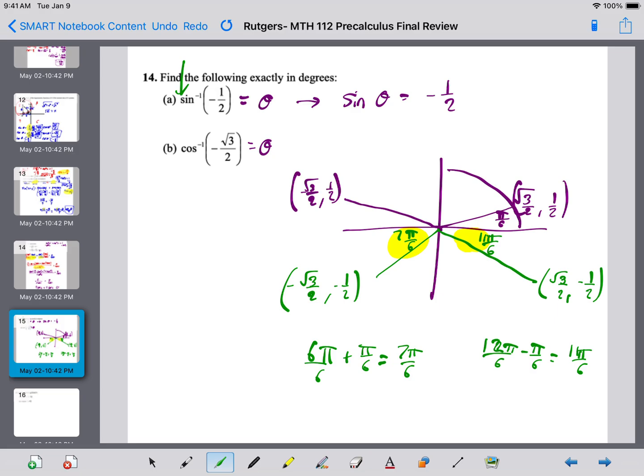So for arcsine, the domain is -1 to 1, and the range is negative pi over 2 to pi over 2. So that's going to be from here to here. So the only solution should be 11 pi over 6.